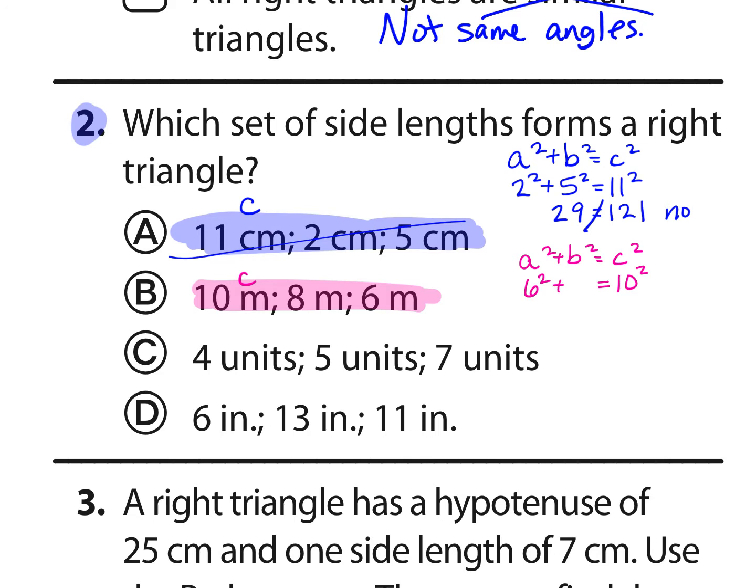I usually say the smallest to largest, but as long as the largest side is C, it doesn't matter about your other two sides. And 6 squared is 36 plus 8 squared is 64, which when added equal 100. And 10 squared is also 100, so this is true. So yes, that is a right triangle. If you tested the other choices out, they would both come out to be no.